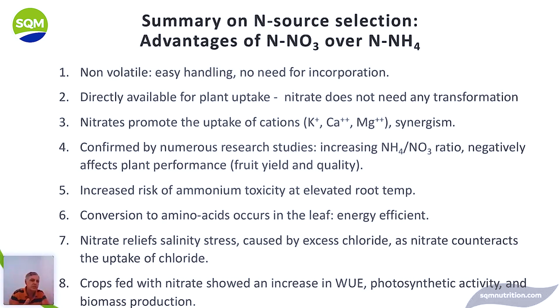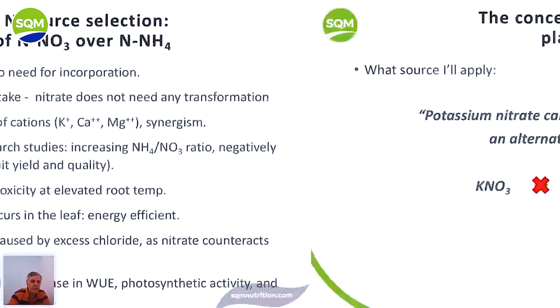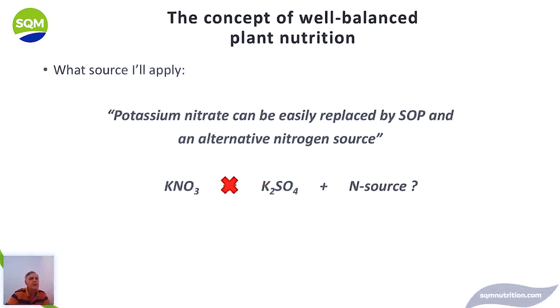And all this is a summary of the benefits that I just mentioned to all of you. So when you're thinking about what source to apply, think about the chemical or mineral composition of the source that you apply. Because sometimes you apply the same amount of nutrients, but in different chemical forms. And that makes all the difference, as we just showed.